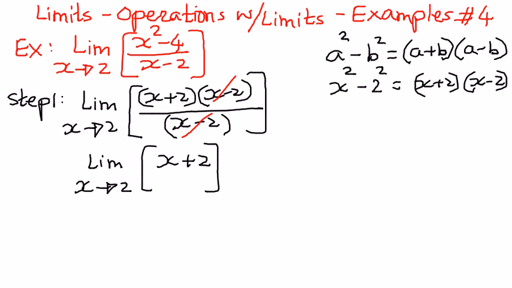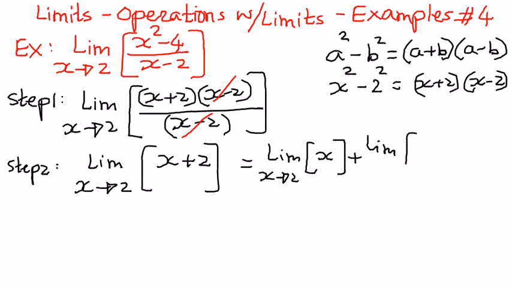We'll call this step 2, and when we simplify this, we can now start to substitute the value of x. Or we can also write it this way: the limit of the first part of the function, which is x, as x approaches 2, plus the limit of the second part, which is 2, as x approaches 2.